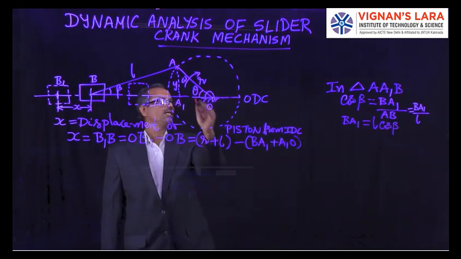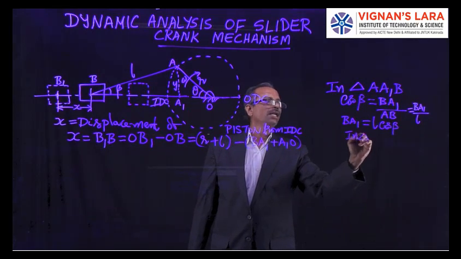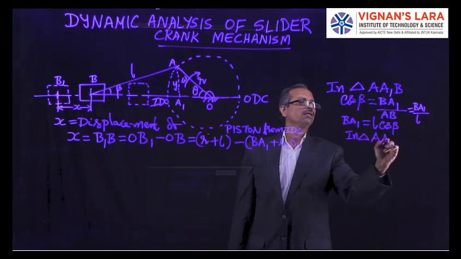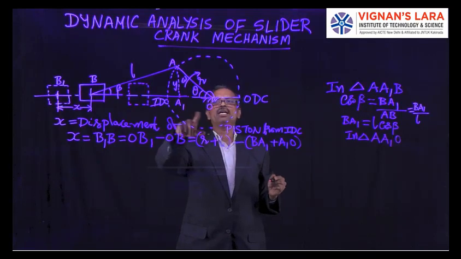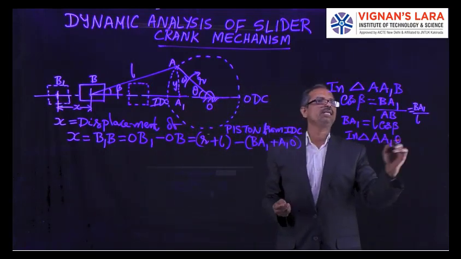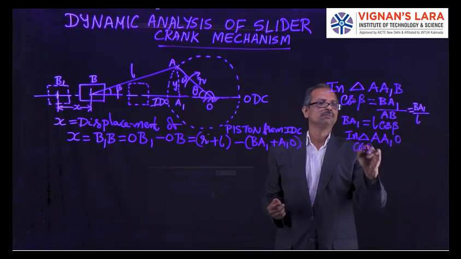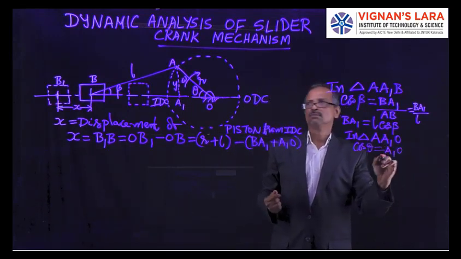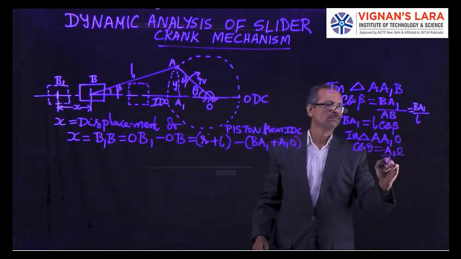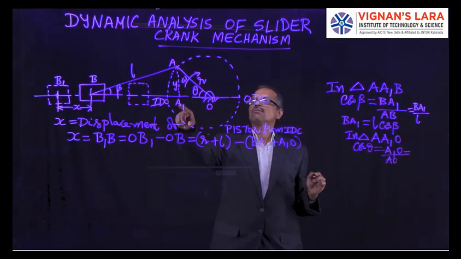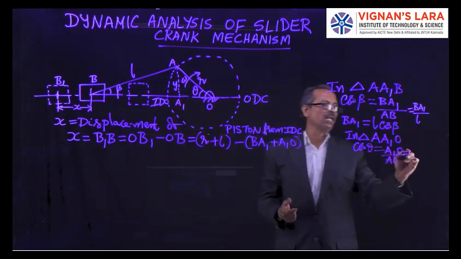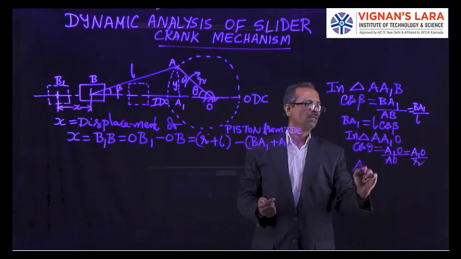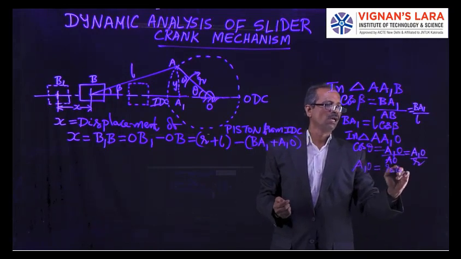Similarly, in triangle AA1O, my requirement is A1O, so I can write cos theta is equal to A1O by AO. AO is R, so A1O by R is cos theta, and A1O is equal to R cos theta.